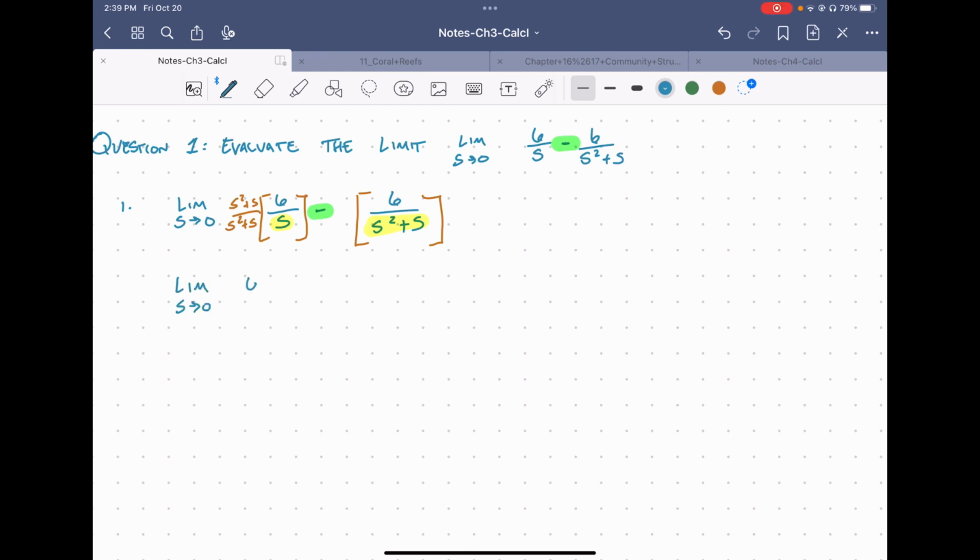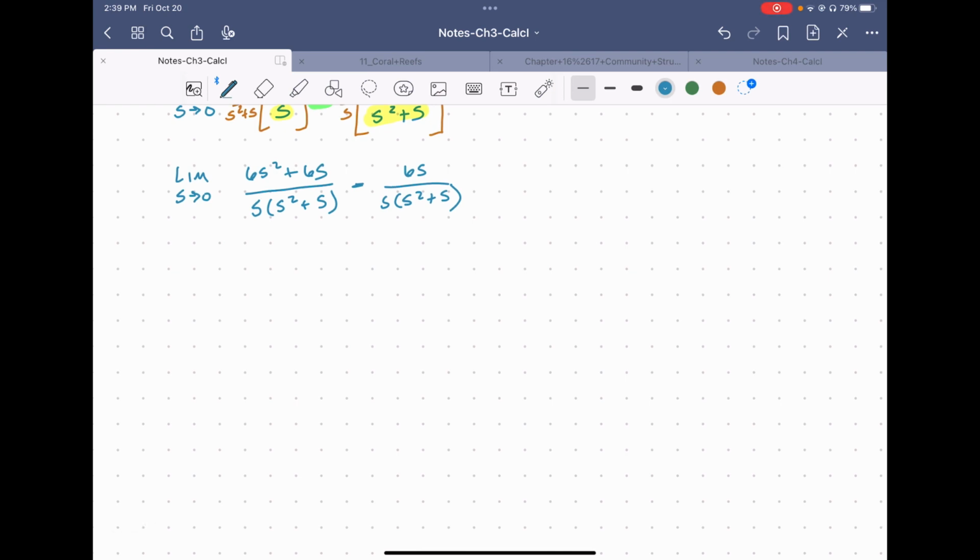Now I have 6s squared plus 6s over s times s squared plus s, minus, and then what we don't have on this right side term is the s, so we multiply s over s, and then multiply that through, so I have 6s over s times s squared plus s.